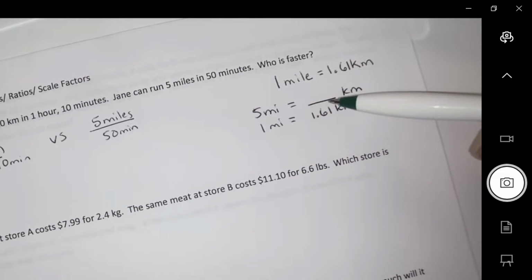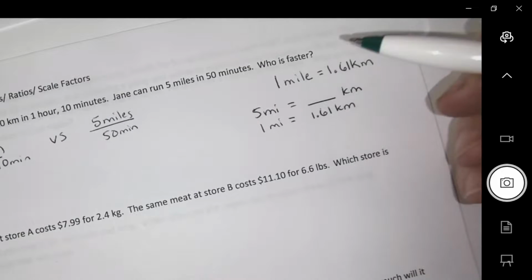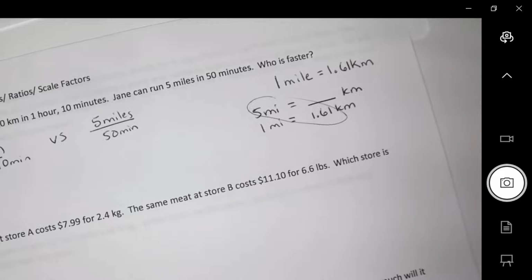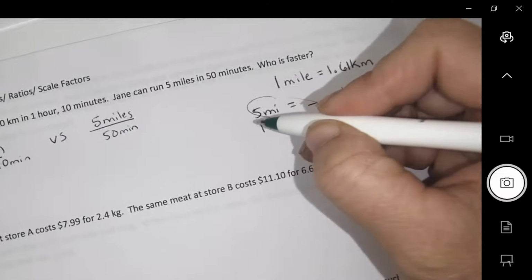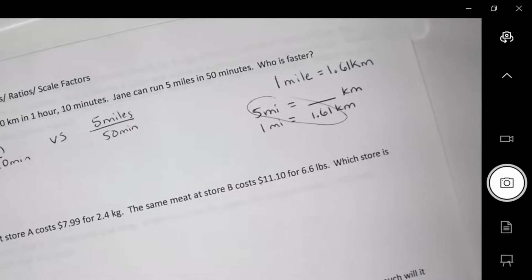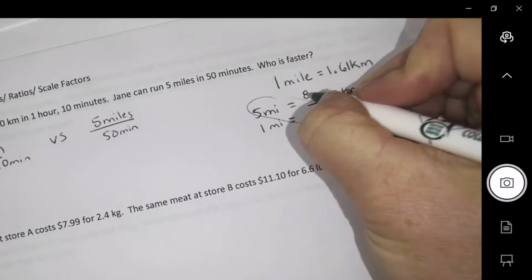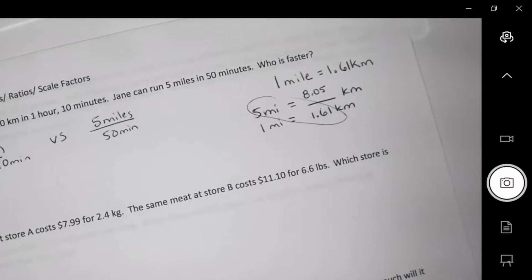So we are going to change the 5 miles. I'm going to do that by cross multiplying, and I don't have a need to divide by 1. So I got 8.05.